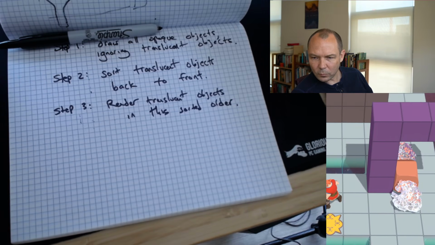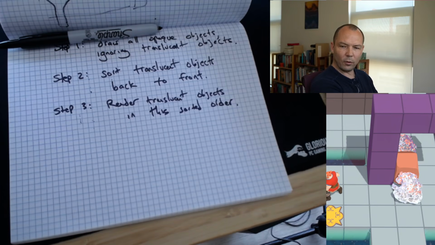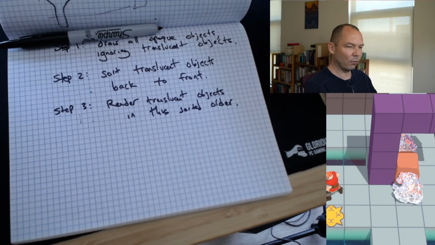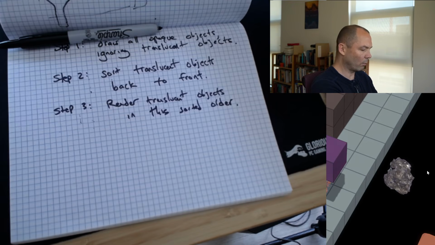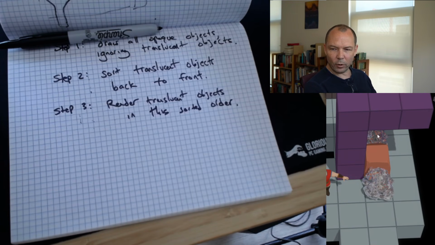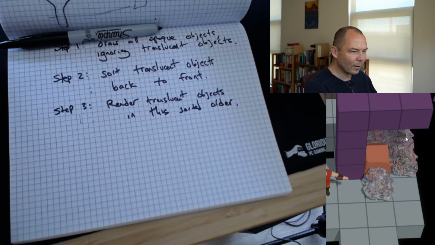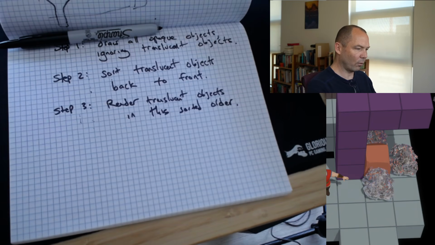But this thing that we're talking about handled it great. And in fact, we can make this even a little bit more high pressure. This is an example of translucent, opaque, translucent. And then let's put another one in front. Let's pick a different translucent object, so that it's easy to tell which is which.